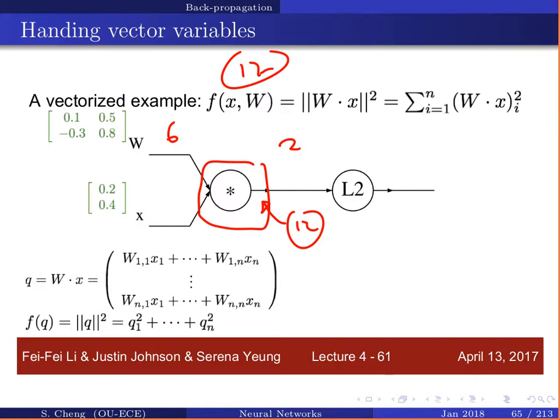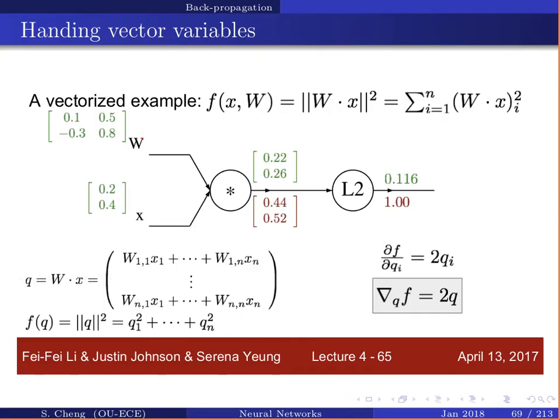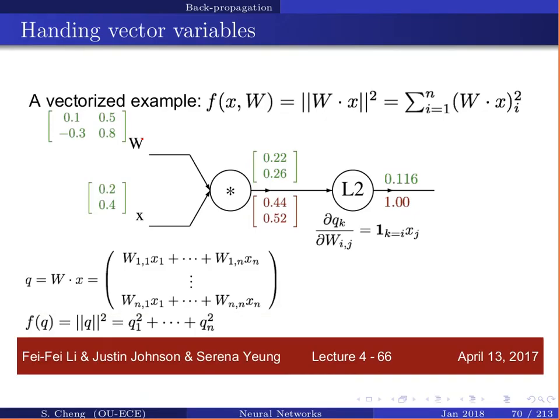But if we exactly compute the partial derivative of the output with respect to Wij, the values will be just like this, Wj. So you only need to store 2 values and you will be able to recover all these derivatives.